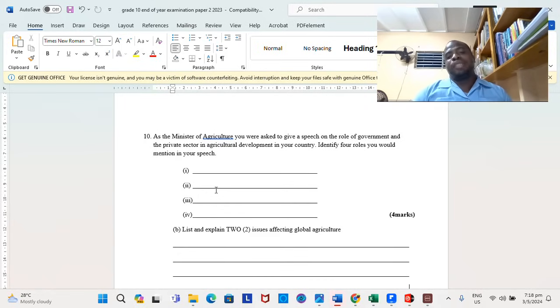The government and the private sector also have a duty to farmers or to the ministry to basically ensure that farmers get training. So training, sometimes through RADA in Jamaica, the Rural Agricultural Development Authority, persons are being trained overseas.